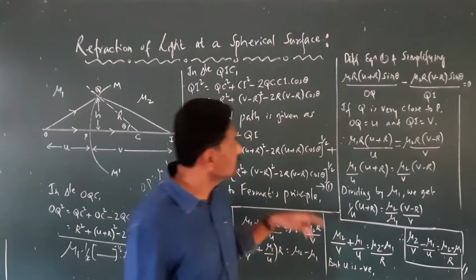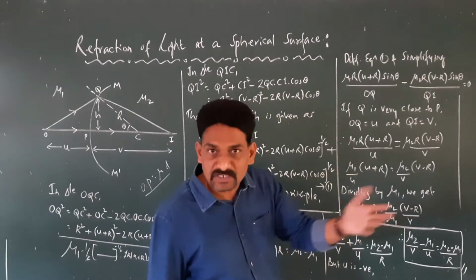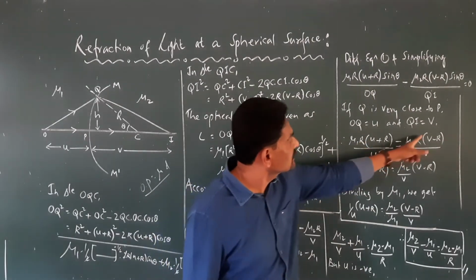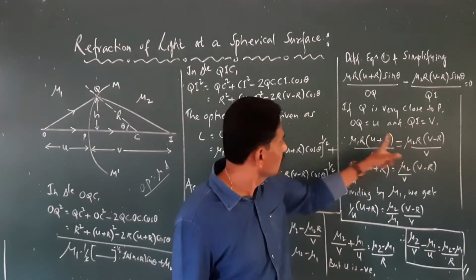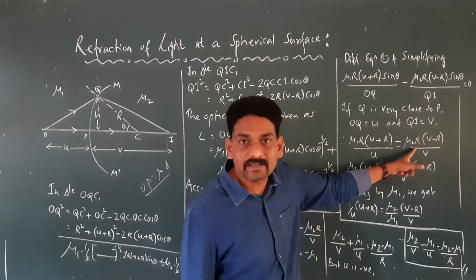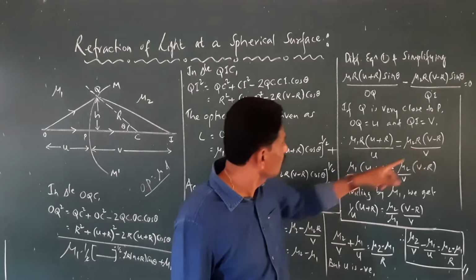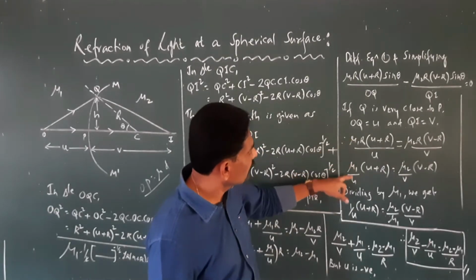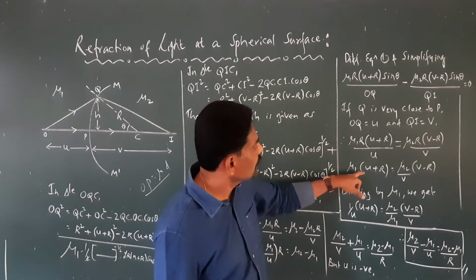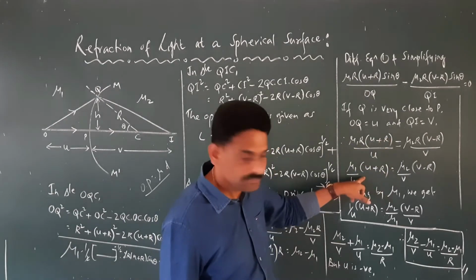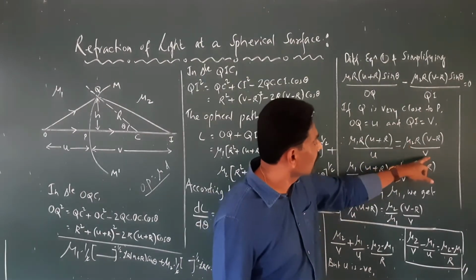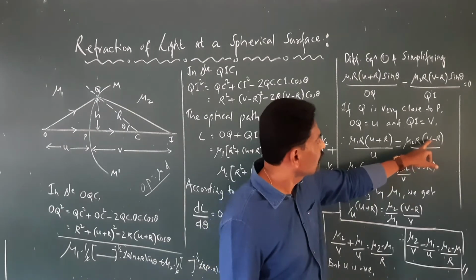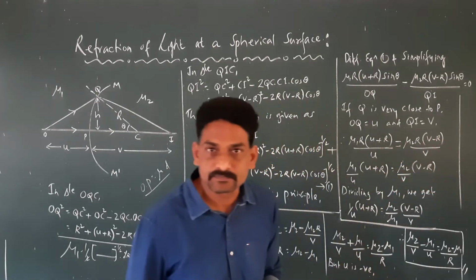Further simplification, this r and this r get cancelled with each other. So we are left with mu1 divided by u into u plus r, equals mu2 divided by v into v minus r.